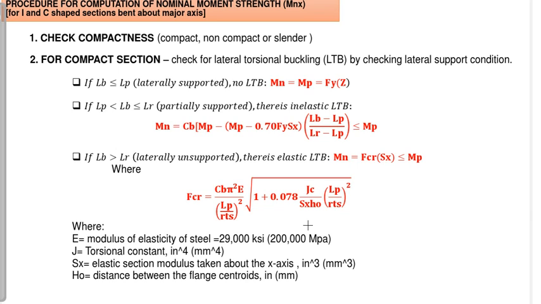Okay, so we have here the procedure for computation of the nominal moment strength. However, this procedure is only limited to I and C-shaped section bent about the major axis. Okay, so this is the most used or common type of structural members, yung I and C shape.